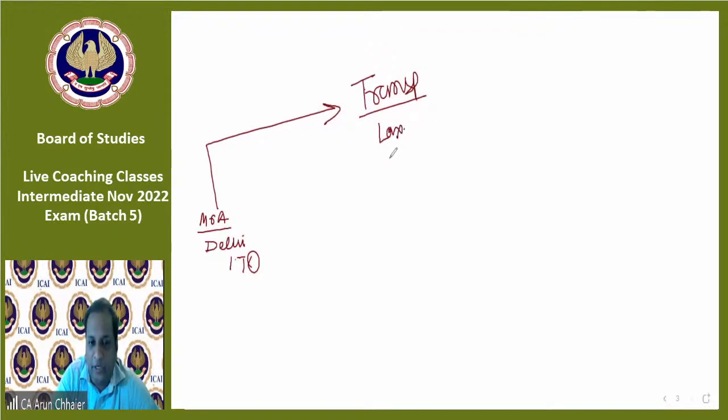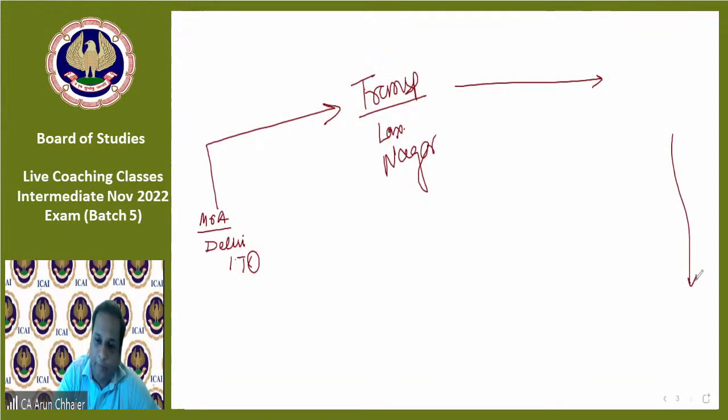Let's say the transporter is in Lakshmi Nagar. Now the transporter, in the night, will move the goods to Jaipur, and ultimately the goods are going to be delivered to Mr. B, who is near Jaipur, location Chomu. Try to understand this example.